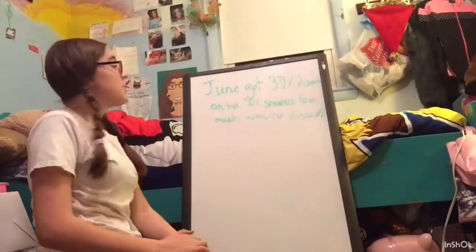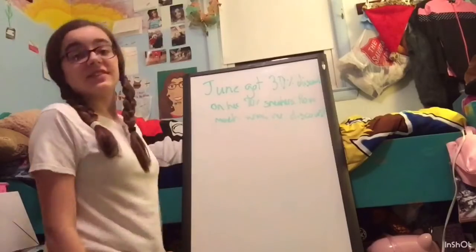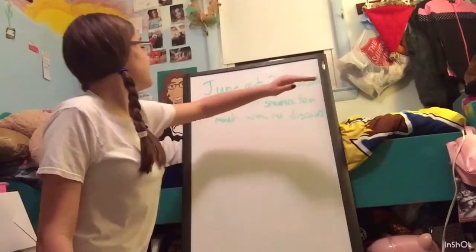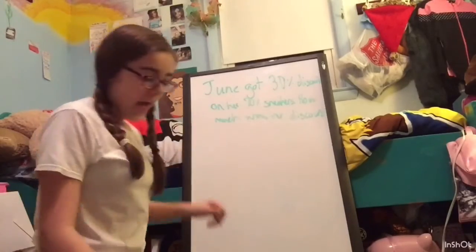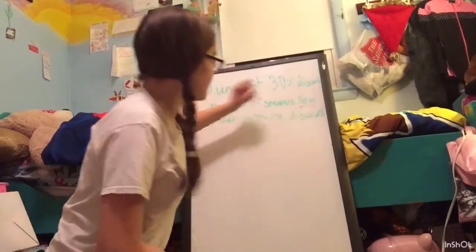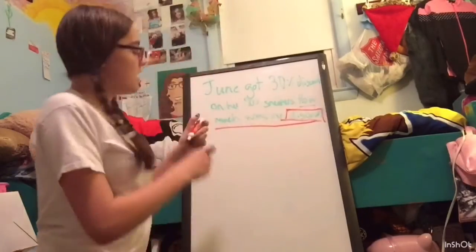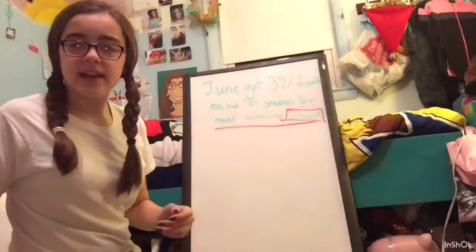If you observe, we have the same problem that we just did. However, the question has changed. June got 30% discount off her $70 sneakers. How much was her discount? So we don't want the price, we want the discount.